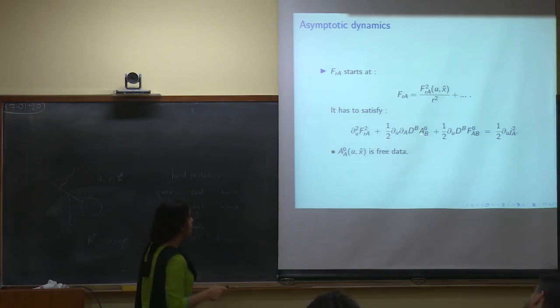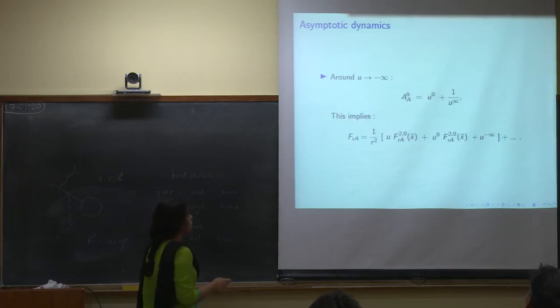And here again this A_A^0 acts as the free data of the photon. So we have to give a profile for the free data to fix the u fall off of F_rA. Now this is a profile that is consistent with the tree level soft theorems.